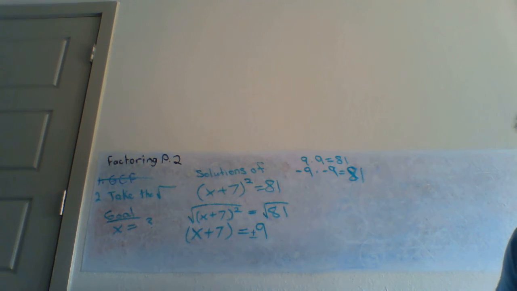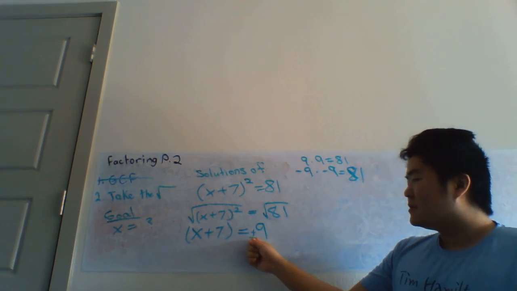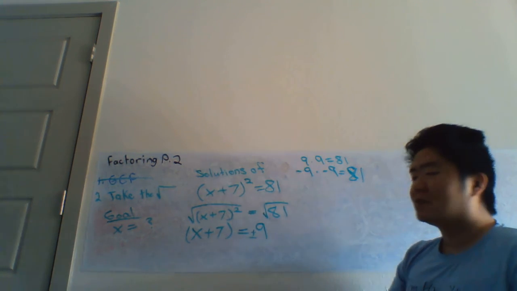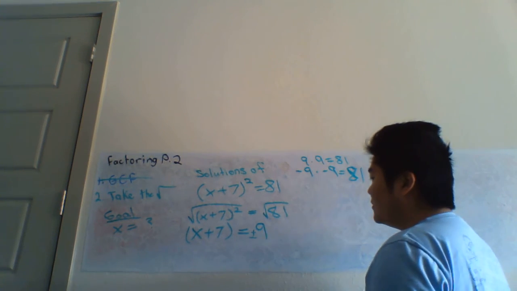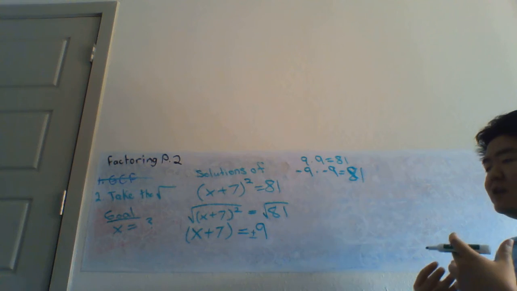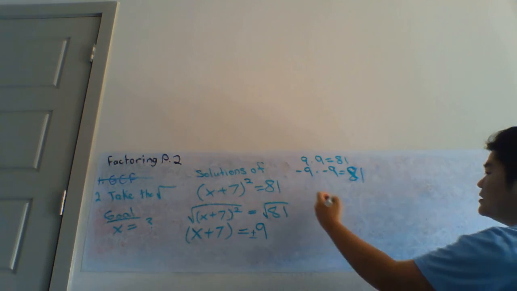This is where it gets a little funky. What happens is I actually have two answers that I have to figure out. So what I need to do is one case where it is positive 9 and one time where it's negative 9.